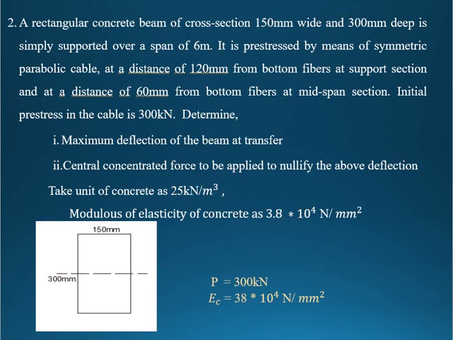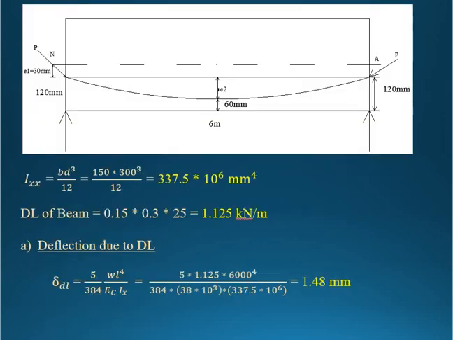Density, they have clearly mentioned as 25 kilonewton per meter cube. Convert the cross section from mm to meter, it will be 0.15 into 0.3 into 25, it will be 1.125 kilonewton per meter.